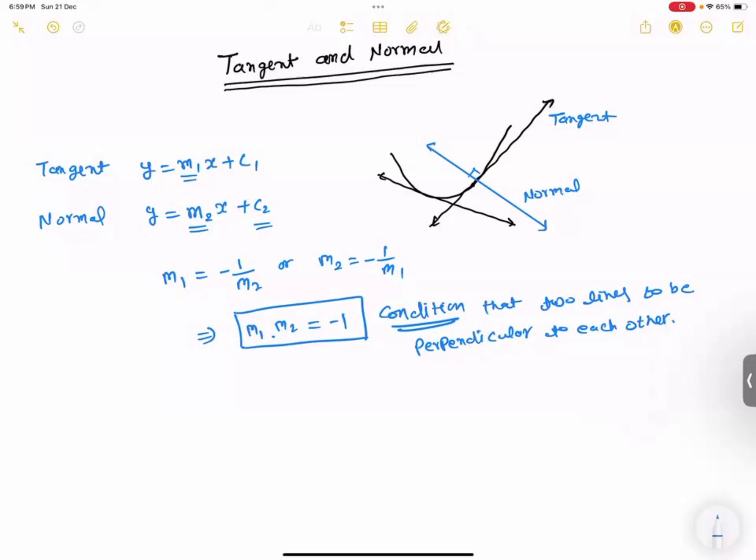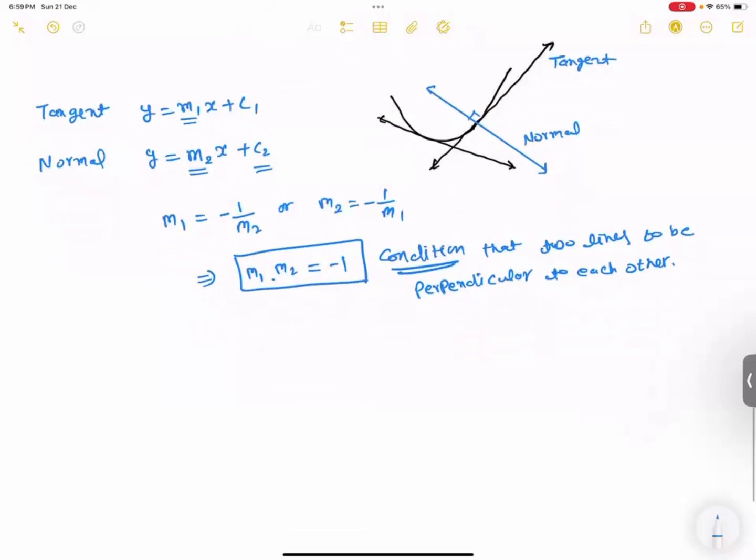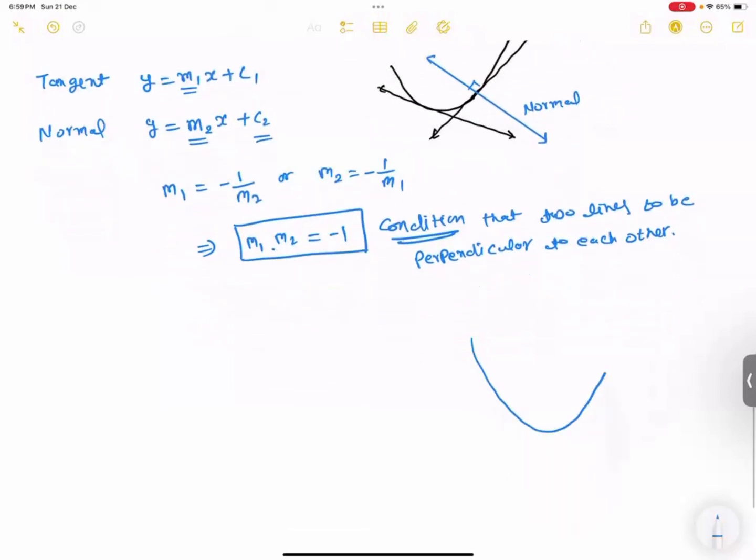All right. So when we have a curve, any curve, we have to find the gradient. So we need to differentiate. Let's say we have a curve y is equal to something. We find the derivative, which is dy dx. This derivative function gives the slope of the curve at any given point.